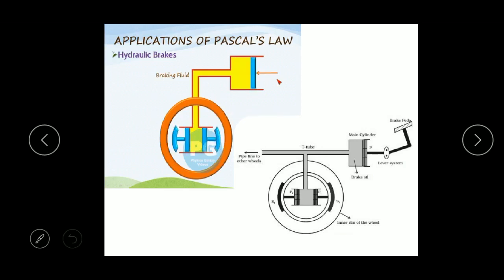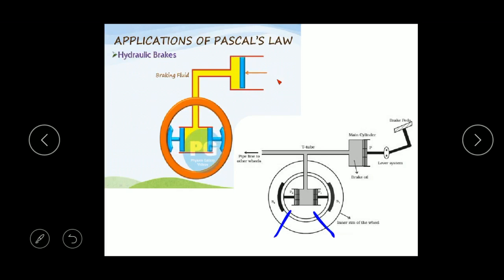The pressure so produced is transmitted equally to pistons P1 and P2 of the wheel cylinder. So whatever pressure is produced by the master cylinder is equally transmitted to the pistons P1 and P2 of the wheel cylinder.